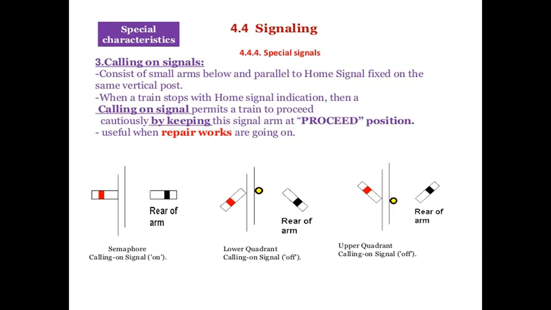If the rear arm is off, the lower quadrant calling on signal is off. The upper quadrant calling on signal off. Here you can observe these are the indications which are used in the calling on signals, which is attached parallel to the home signal fixed on the same vertical post.